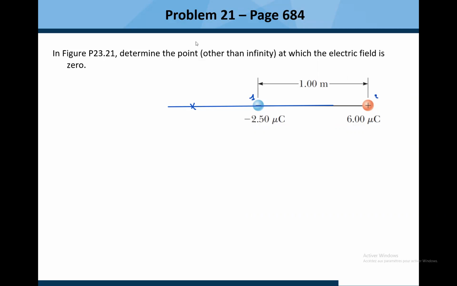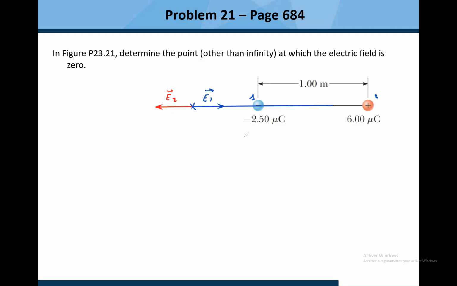The charge 1 will create a field in this direction, the blue one, because it's negative, so we have E1. And the red positive charge will create a field out because it's positive. So here we have a field like this, E2. These are in the opposite direction.